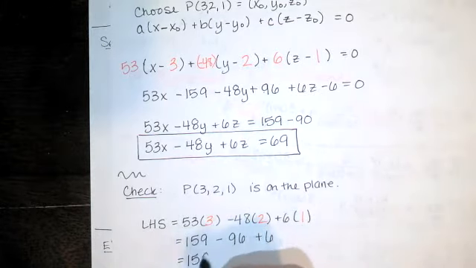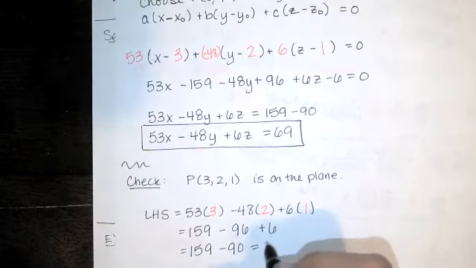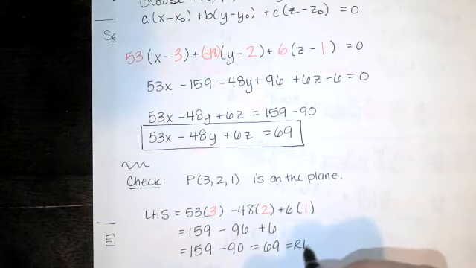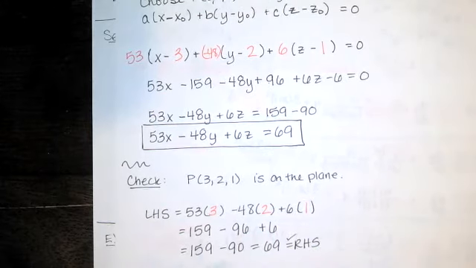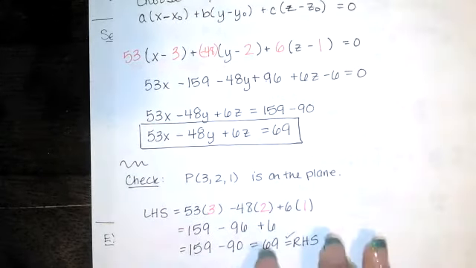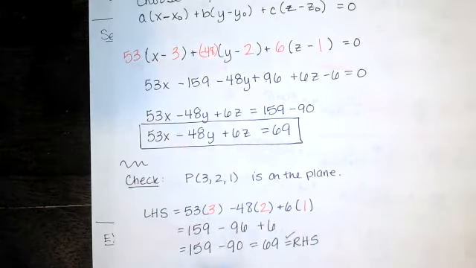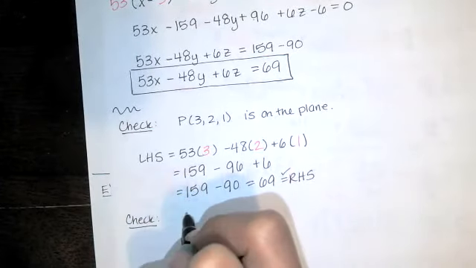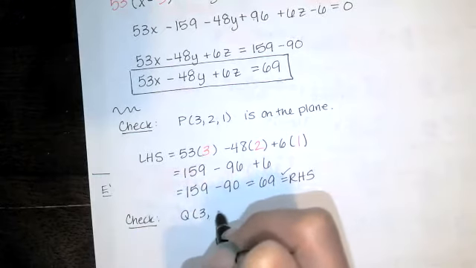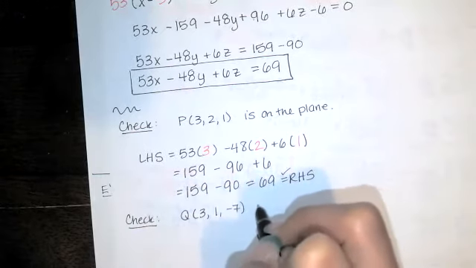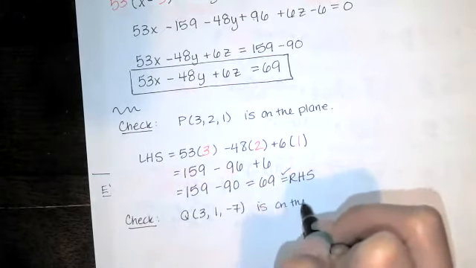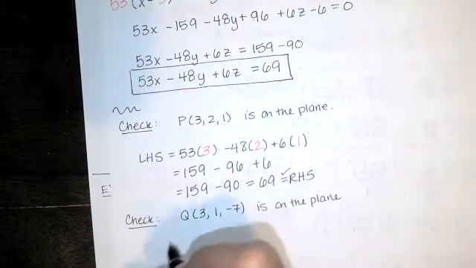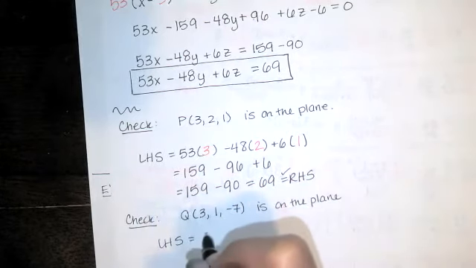So we get 159 minus 90, and there's 69. That's the right-hand side. So 3, 2, 1 satisfies the equation of the plane, which means that point really is on the plane. Let's check the other point. We were also told that Q, which has coordinates 3, 1, and negative 7, is on the plane. So let's check by substituting into the left-hand side.